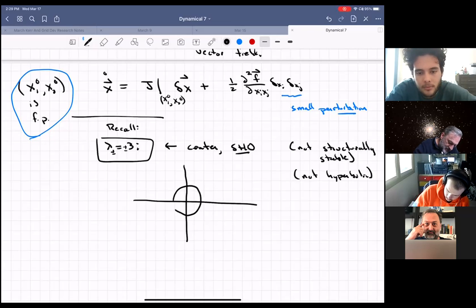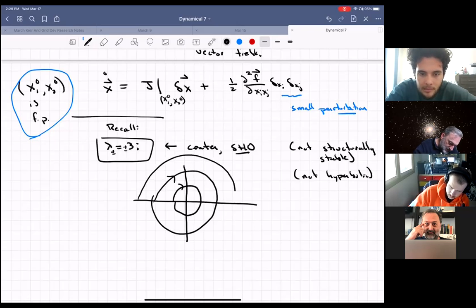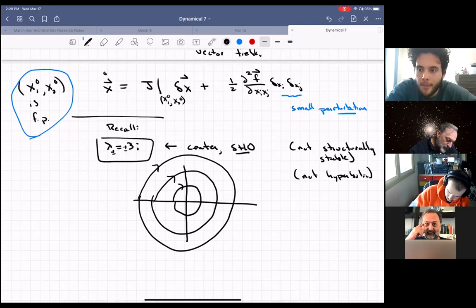In centers, we have these nested closed orbits, and we have a fixed point at the origin.